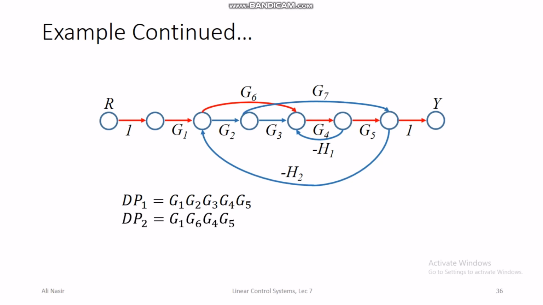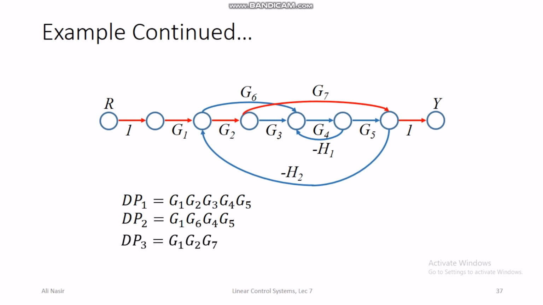And similarly, if you look again, you can find a third direct path between R and Y, and that is G1, G2, G7. So the transfer function of the third direct path is G1, G2, G7. So there are three total direct paths in this signal flow graph.